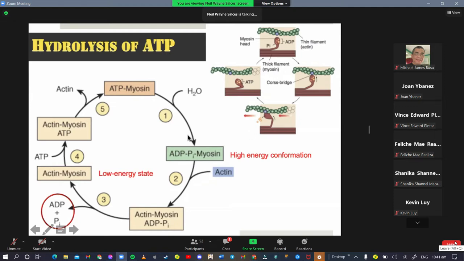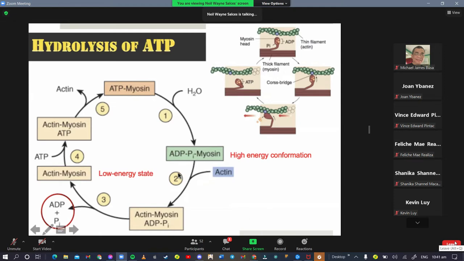This is followed by the release of your ADP. Now there will be a conformational change in the head of the myosin. This is basically where your low energy state becomes the product of this biochemical reaction.